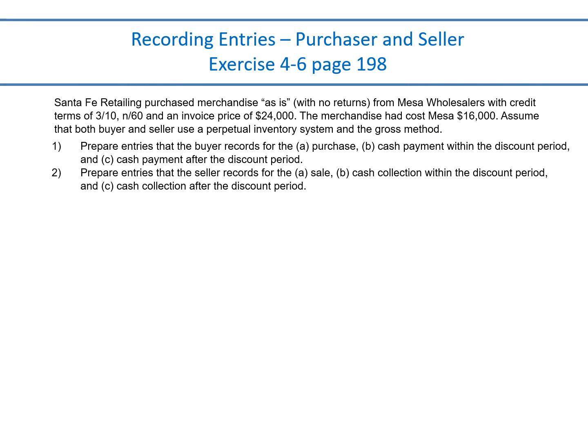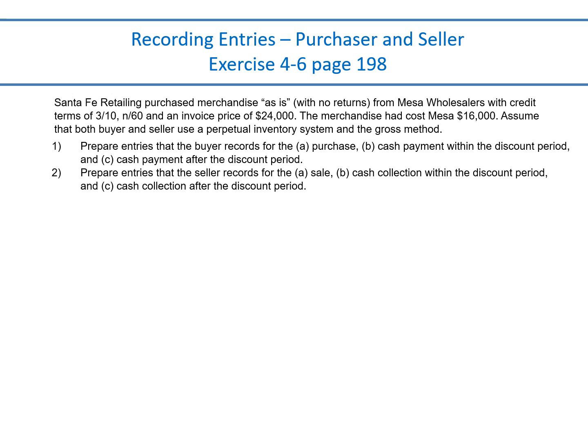All right, so now recording entries, purchaser and seller. In exercise 4.6, Santa Fe Retailing purchases merchandise as is, with no returns, from Mesa Wholesalers, with credit terms of 3% if paid in 10 days or net due in 60, and an invoice price of $24,000. Merchandise had a cost to Mesa of $16,000.